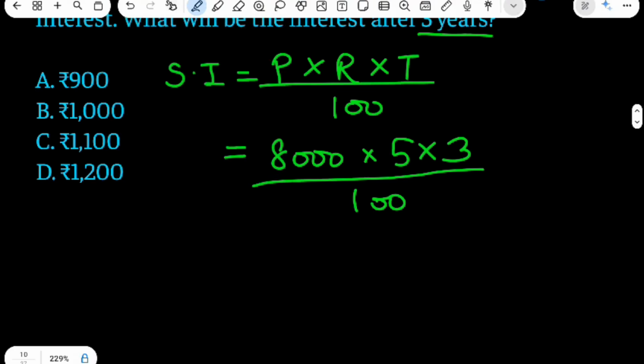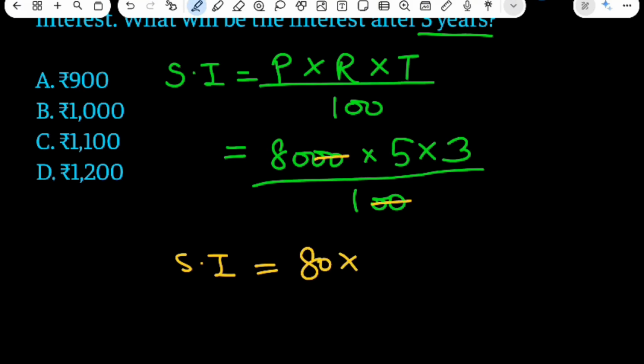Simple interest will be equal to, removing the two zeros above by cutting them out, 80 multiplied by 15, right? Now when we multiply 80 with 15, we get the output as 1200, which is our final simple interest. Now choosing from the options, we have option D as correct, right?